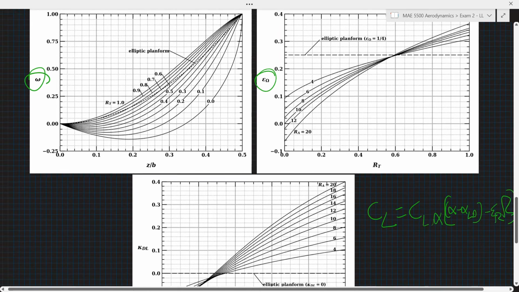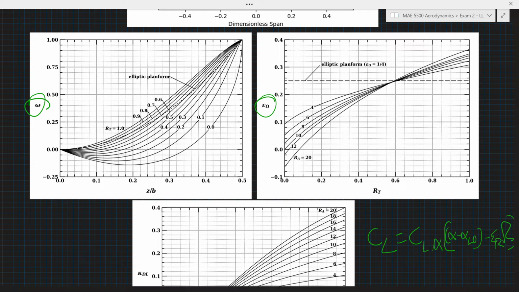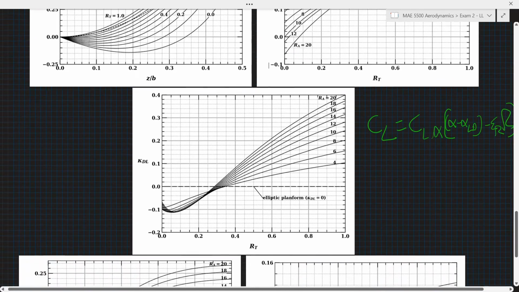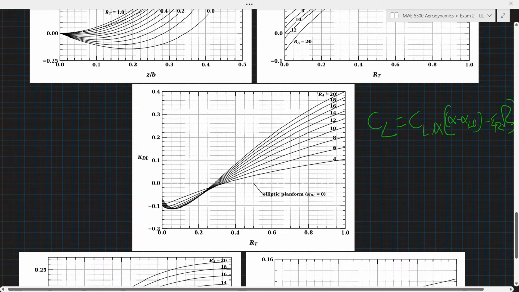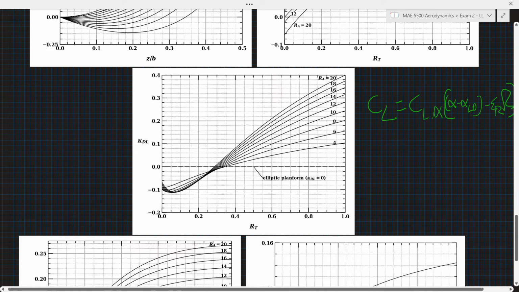We can see, similar to before, it's a little bit more drawn out here for the bell-shaped lift distribution, but for the most part, adding washout will decrease our lift. There are very few scenarios where it'll increase our lift. Okay, and so here's our lift washout coefficient, and you can see how that changes as a function of aspect ratio and taper ratio.